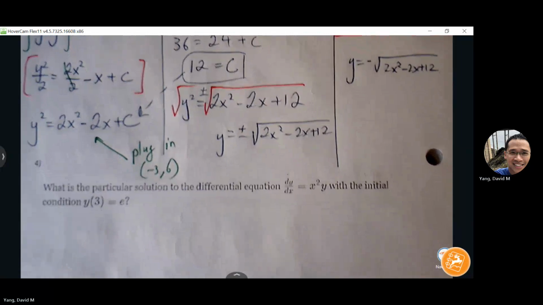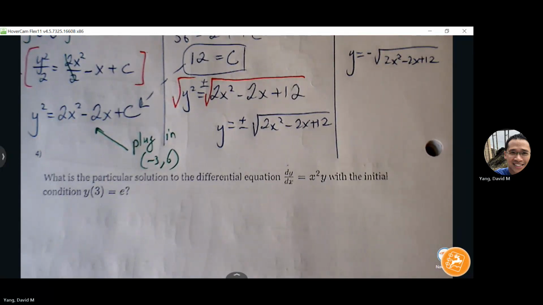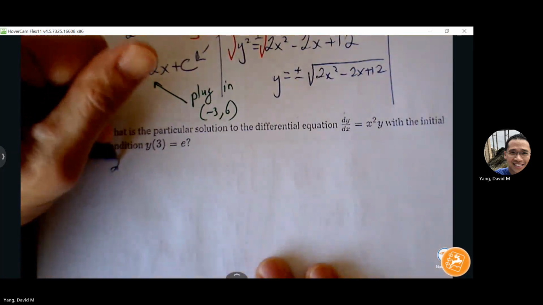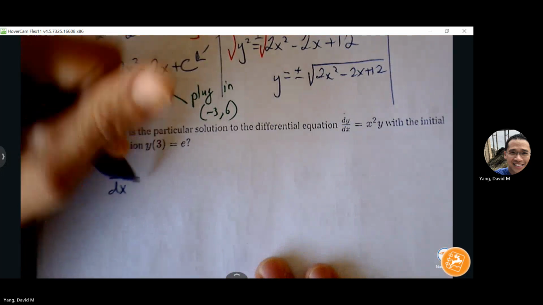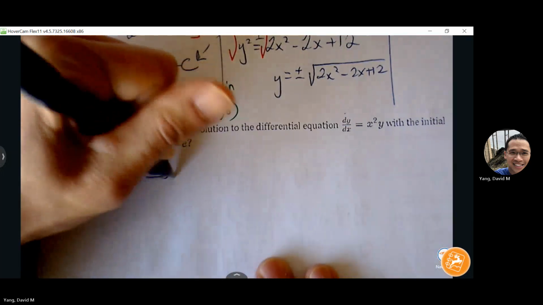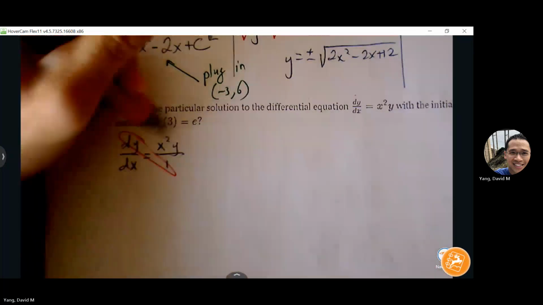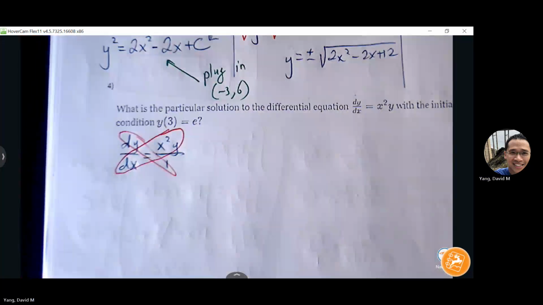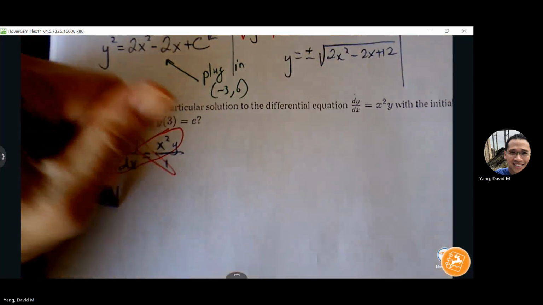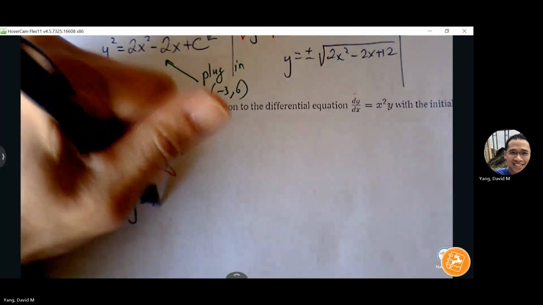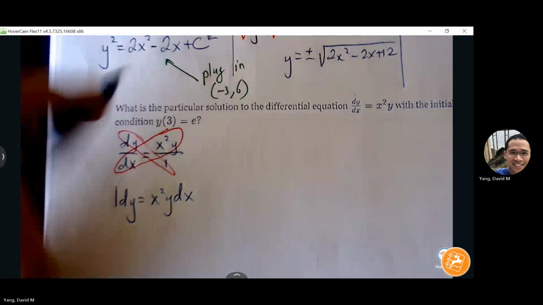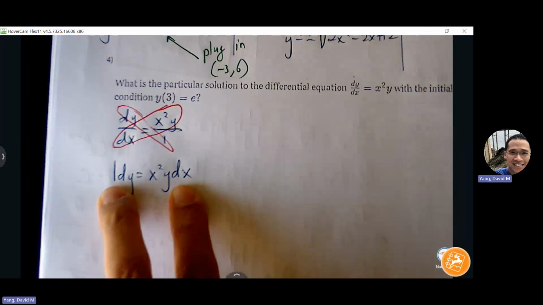Number 4. dy and dx are lined up nicely.